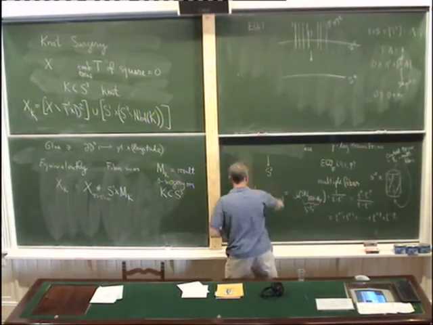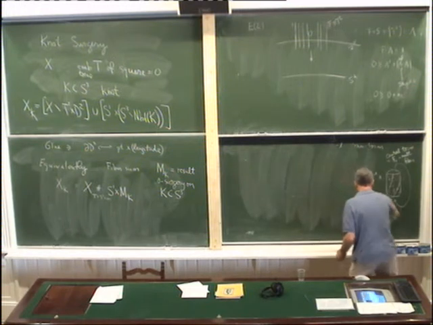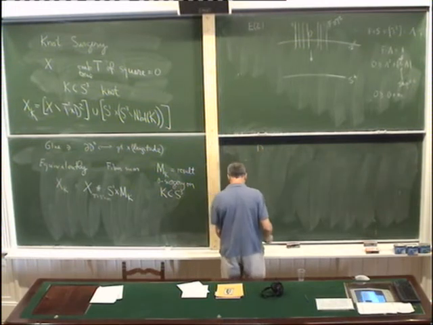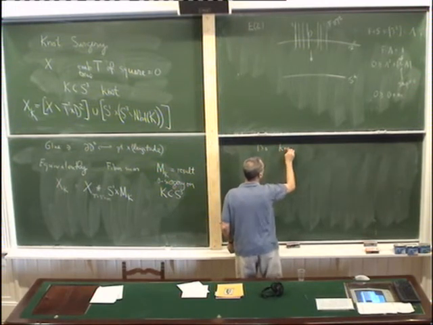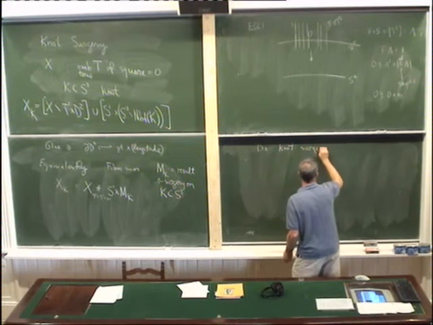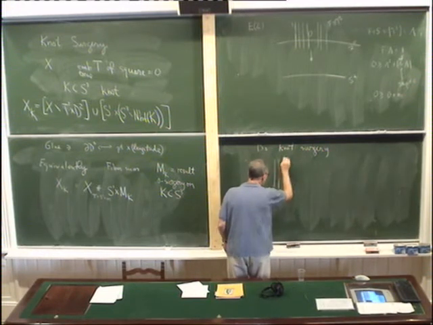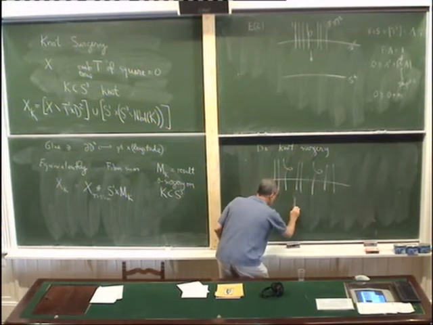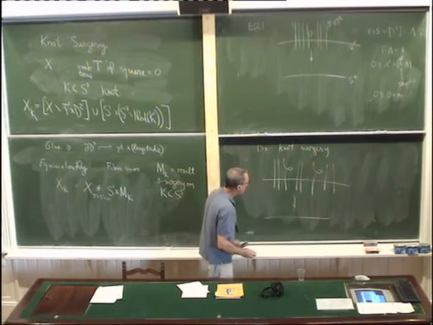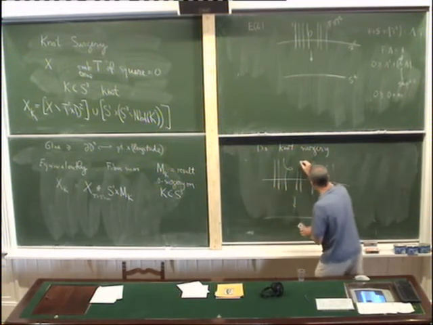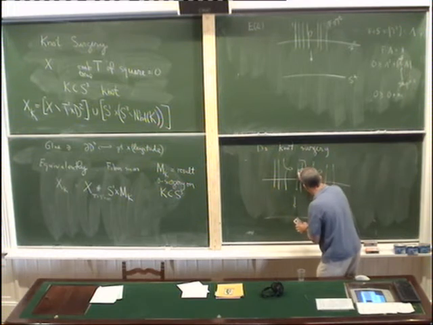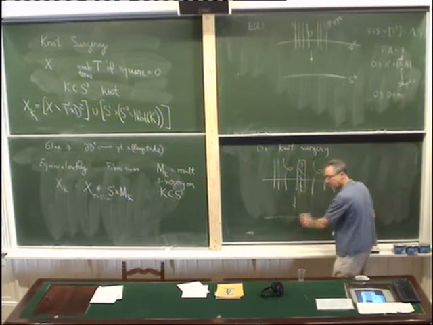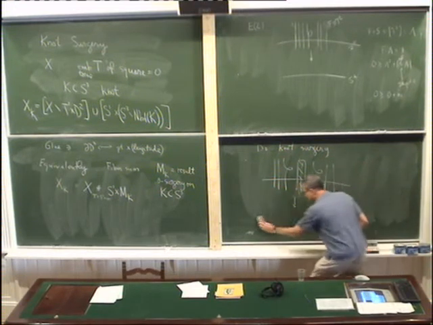What happens? So here was our section. Okay, well, here's what we do. We take one of these fibers, say this one here, and we remove a neighborhood. Now I don't have a fibration anymore, so let's forget about the fibration part.